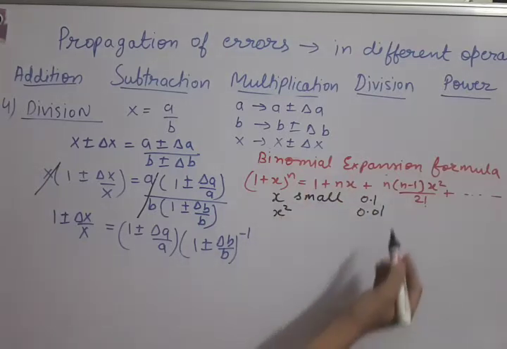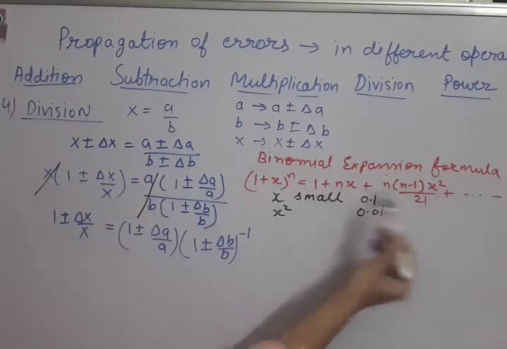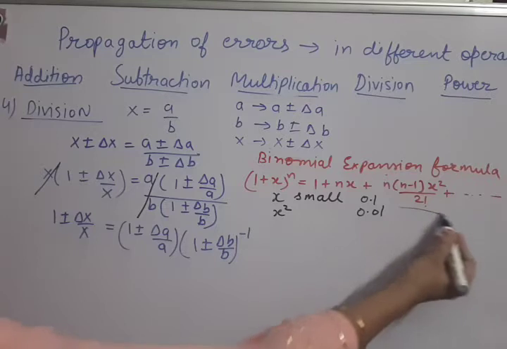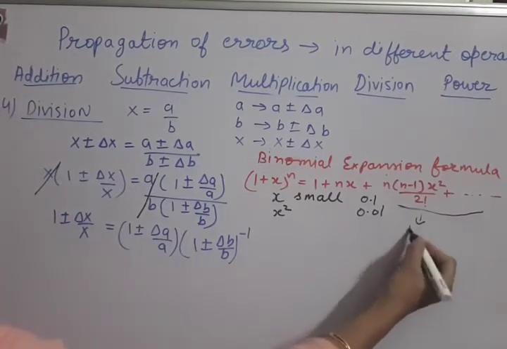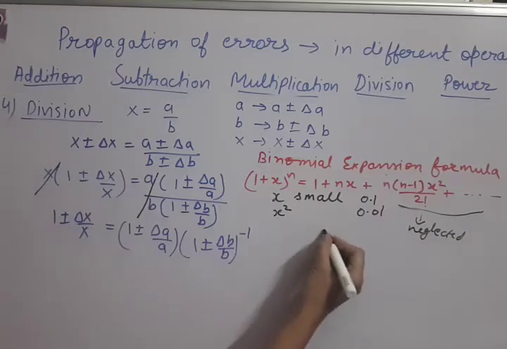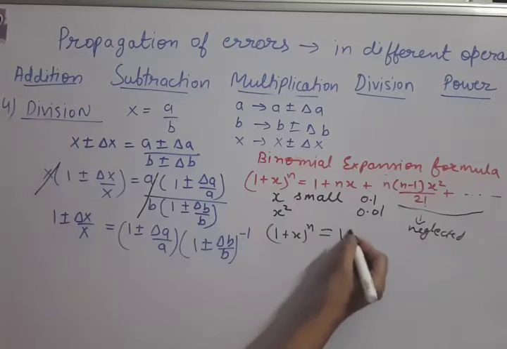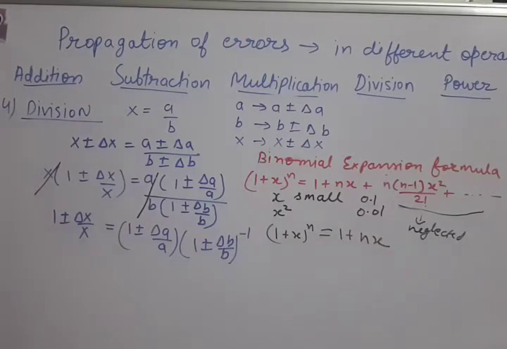So in comparison of all these terms, the higher terms will be neglected. So the formula of 1 plus x raised to power n will become 1 plus nx. So this we are going to apply for this case.